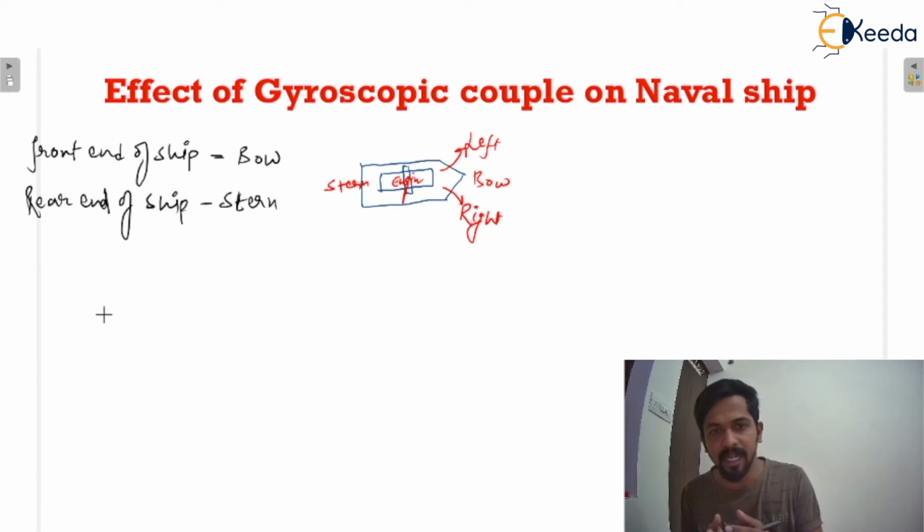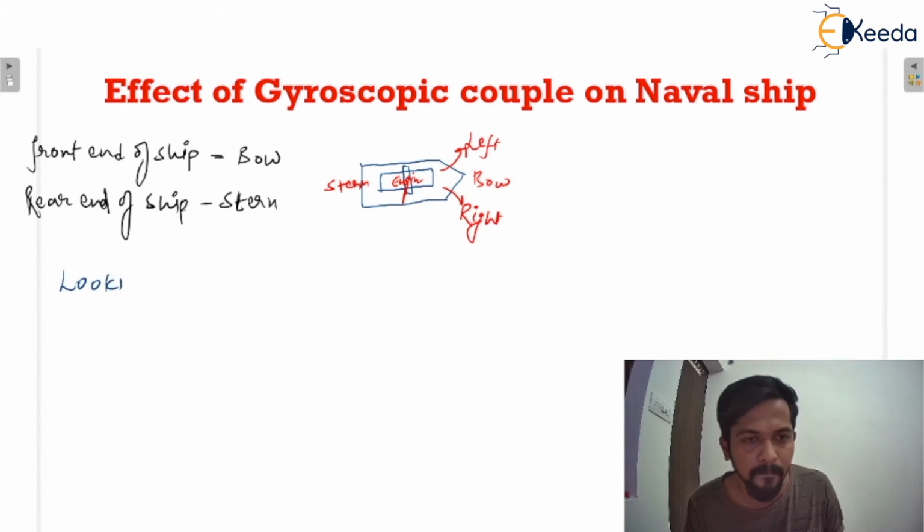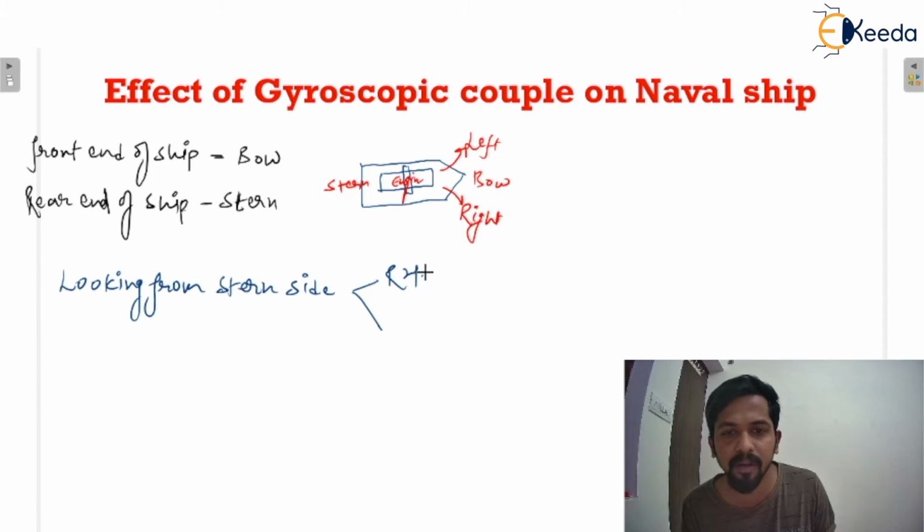When looking from the stern side, that means when looking from the rear end, the right hand side of the ship is known as starboard.